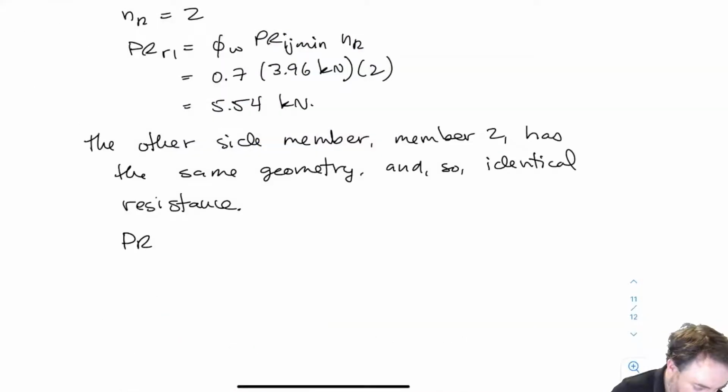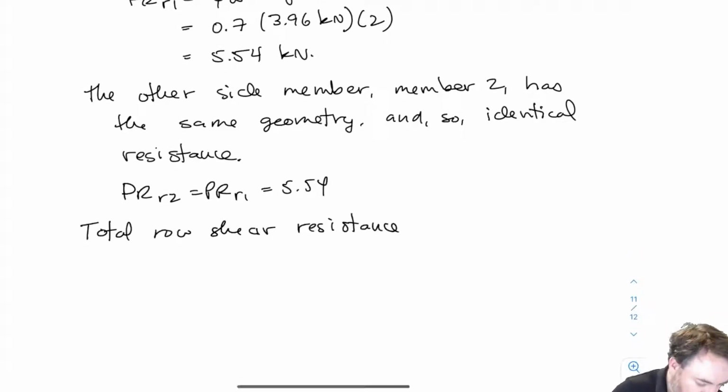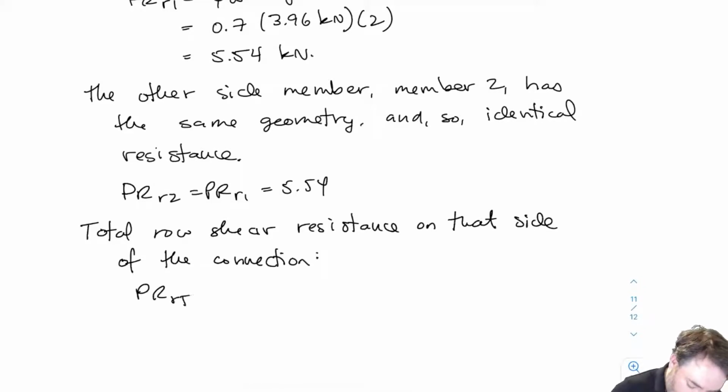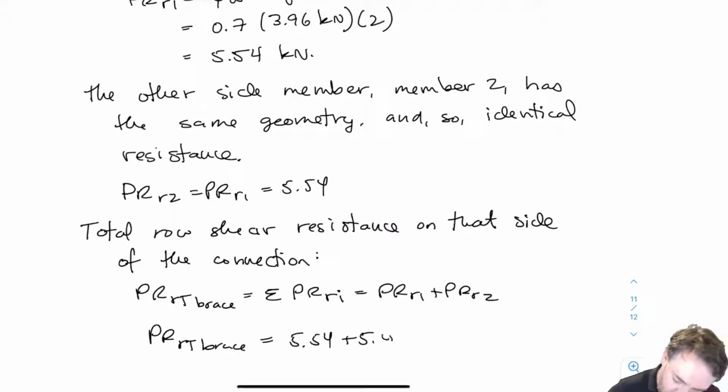So here, since they're both the same, PRR2, member 2, equals PRR1, 5.54. And then the total row shear resistance, PRRT for the brace side of the connection, is the sum of all the PRRIs, which is PRR1 plus PRR2, which is 5.54 plus 5.54, equals 11.1 kilonewtons.